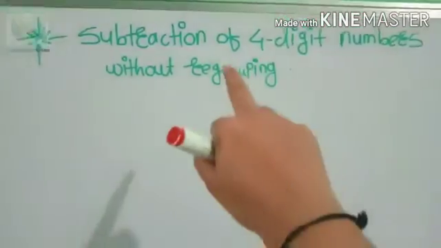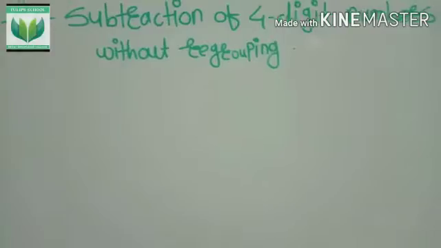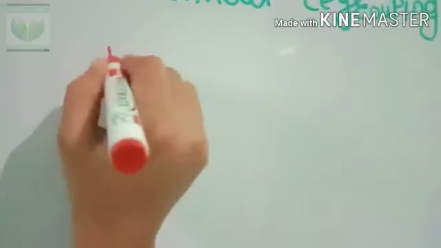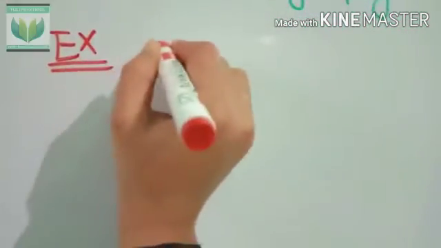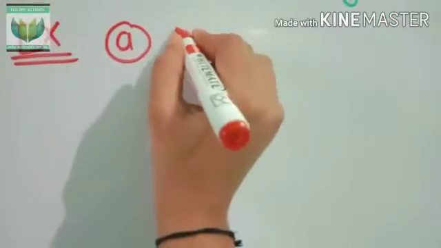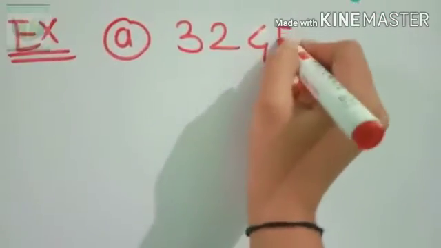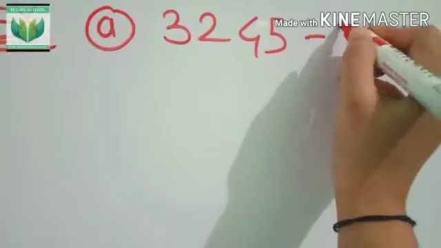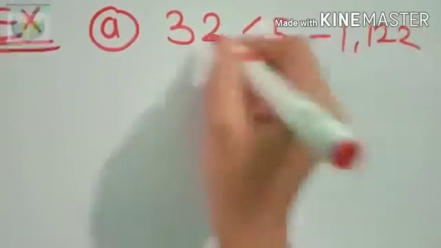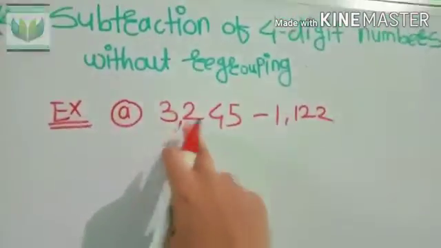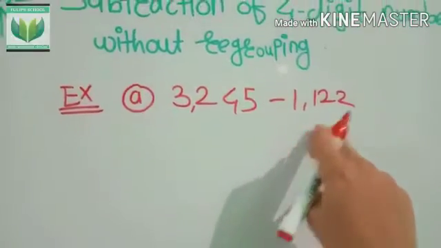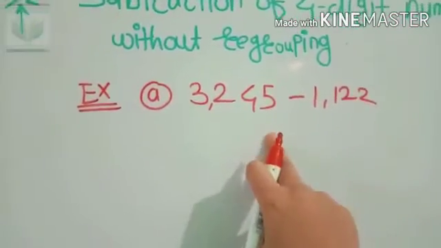The first point is subtraction of 4-digit numbers without regrouping. Now let's write an example. 3,245 minus 1,122. We have to do subtraction.